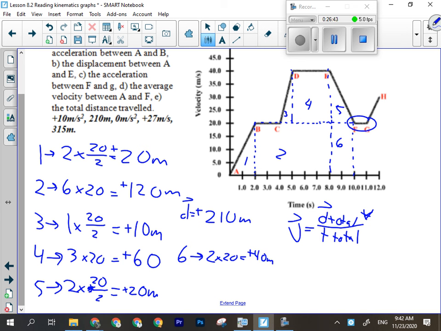Now I had 210 meters up to 8 seconds, so I add on another 40, that's 250, and another 20, 270. My total displacement to that point is 270 meters, and that takes 10 seconds, which gives me 27 meters per second, and that's positive.